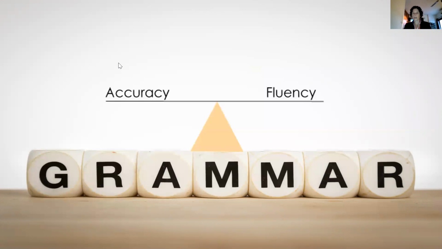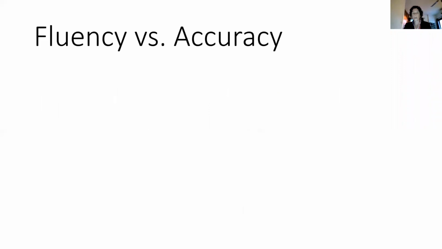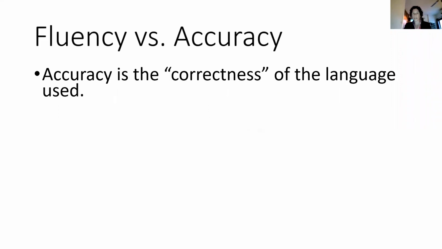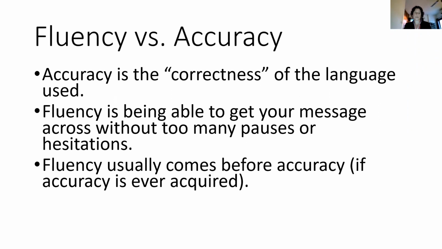Okay, great. So I have a few thoughts on this. When we look at fluency versus accuracy and which one is more important, accuracy, of course, is the correctness of the language that is being used, whereas fluency is being able to get your message across without too many pauses or hesitations. Fluency usually comes before accuracy, and it's important to keep in mind that full accuracy may not ever occur.